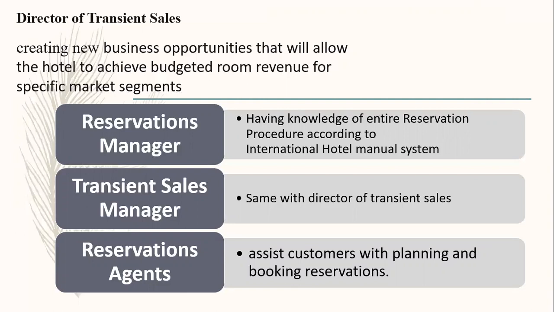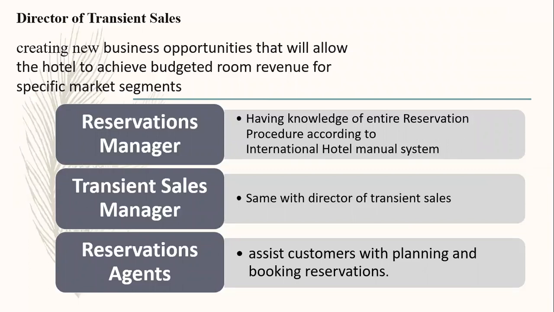And the second one is transient sales manager. The transient sales manager is responsible for creating new business opportunities that will allow the hotel to achieve budget room revenue for specific market segments.